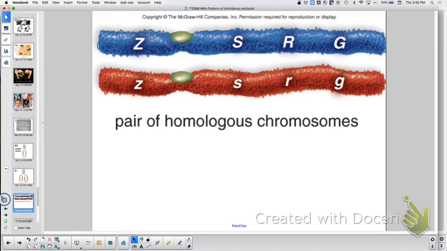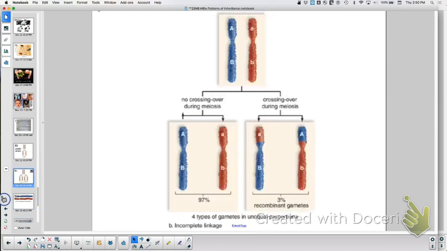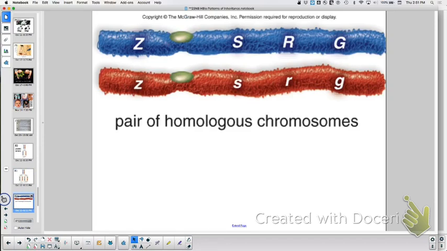All right. Now, what will break up those gene linkages? Crossing over. Yes, crossing over will break up those gene linkages. And you're going to probably have fewer crossing overs than non-crossing overs. And there was one other thing we talked about, the percentage of crossing over that you have.